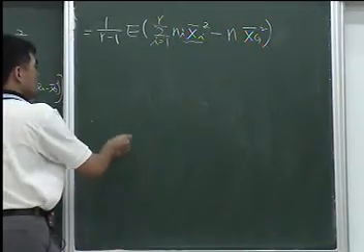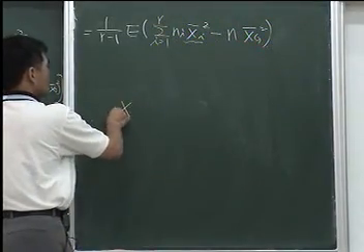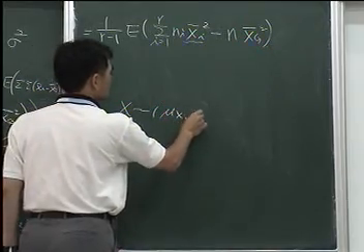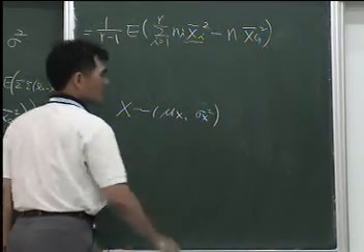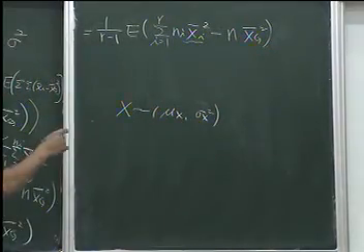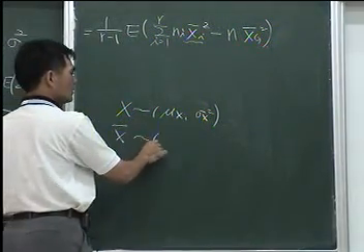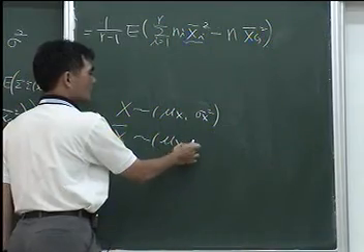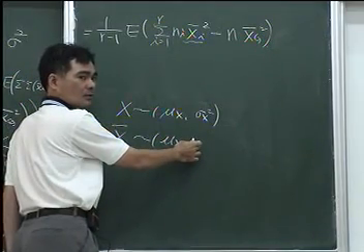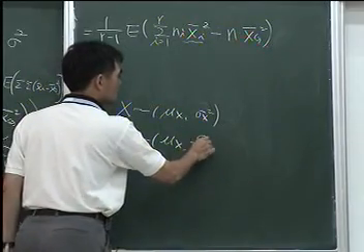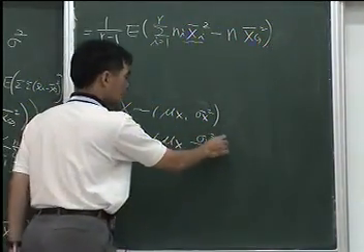If you know x has mean mu_x and variance sigma_x squared, then what about x bar? X bar would have mean mu_x, and the variance is sigma_x squared divided by n, right?